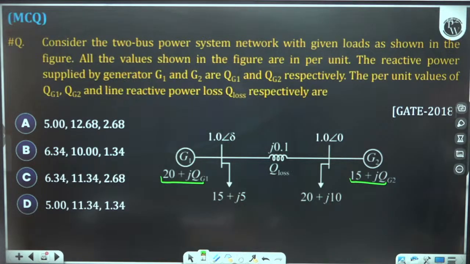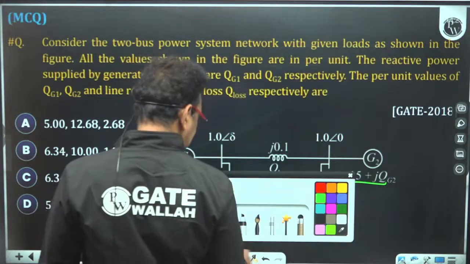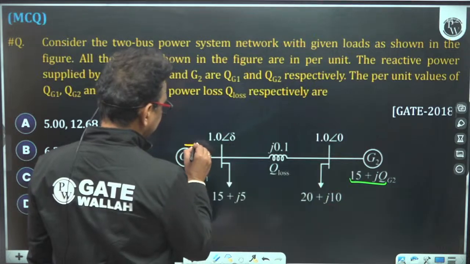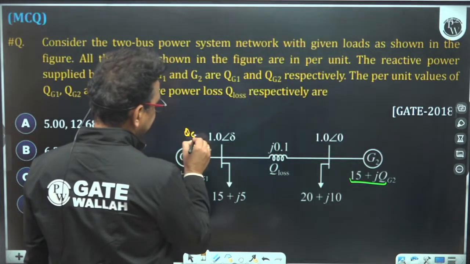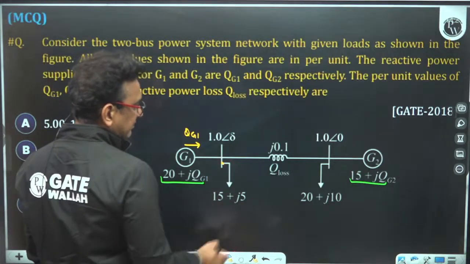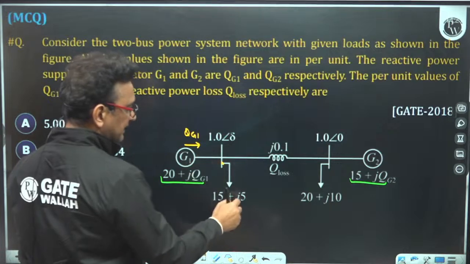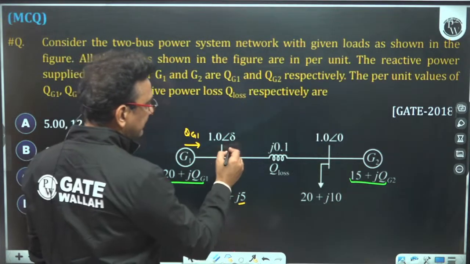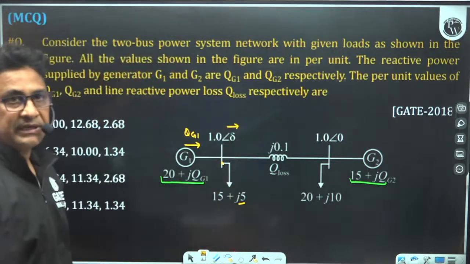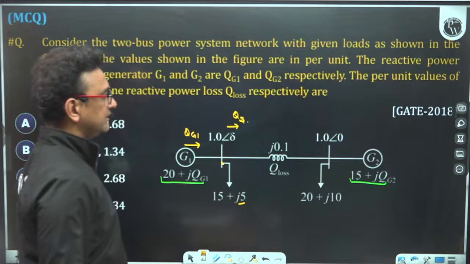This is a very good question. See how to find out this value of QG1 first. You can see here the reactive power generated by the generator G1 is nothing but QG1. Now, some of the reactive power is directly supplied to the load connected with the bus bar, j5, and the remaining reactive power will be the sending end reactive power.